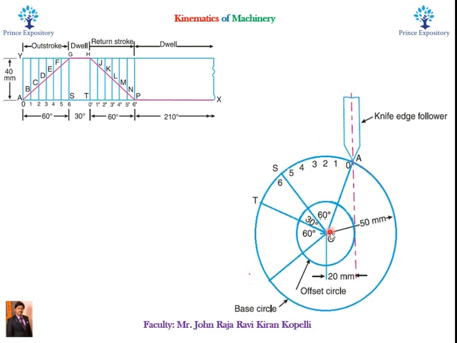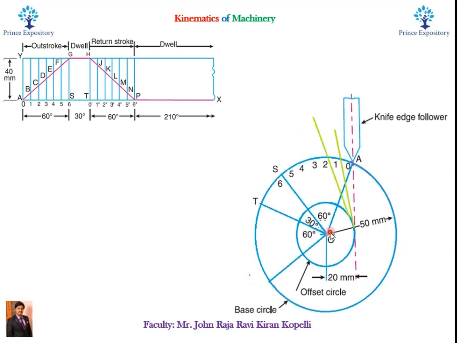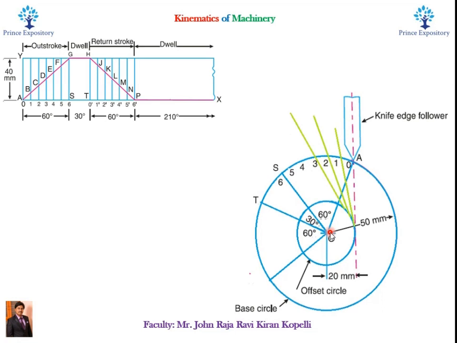Once again, I repeat, we have to draw a line that is passing through point 1, and that too this line is tangent to the offset circle. Similarly, we have to draw a line passing through point 2, which again is tangent to the offset circle. In the same way, we will draw lines passing through the divisions, and all lines should be tangent to the offset circle.